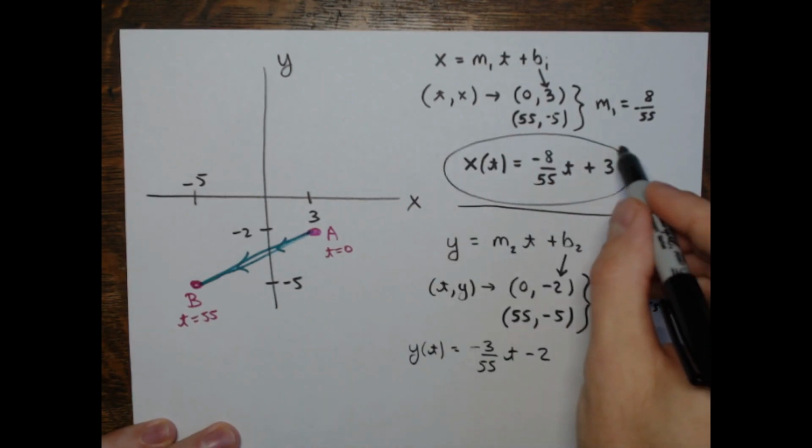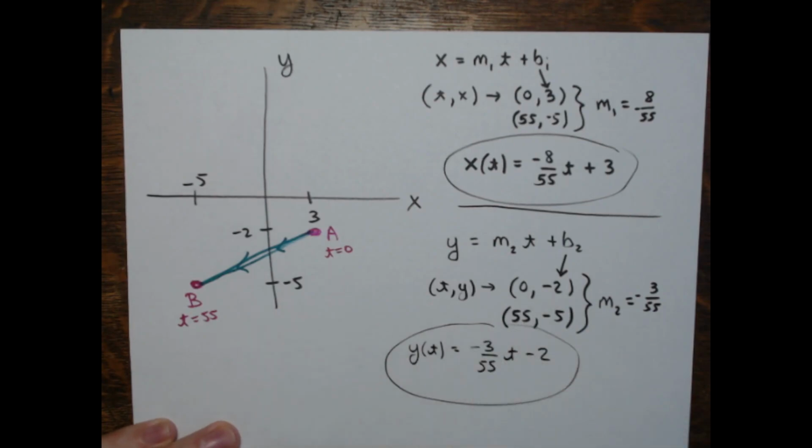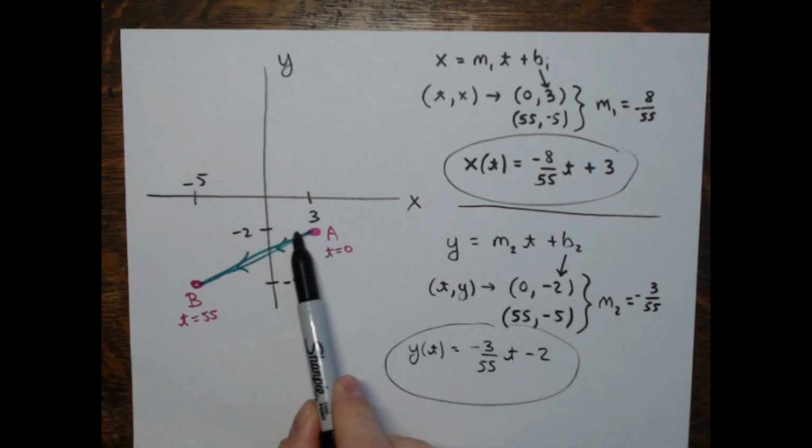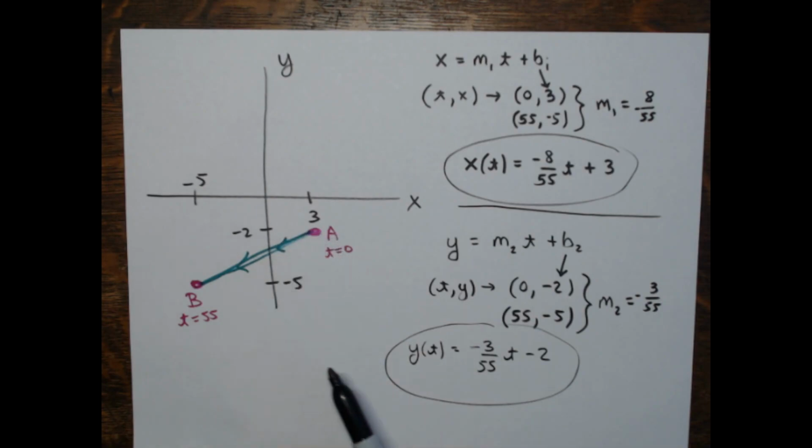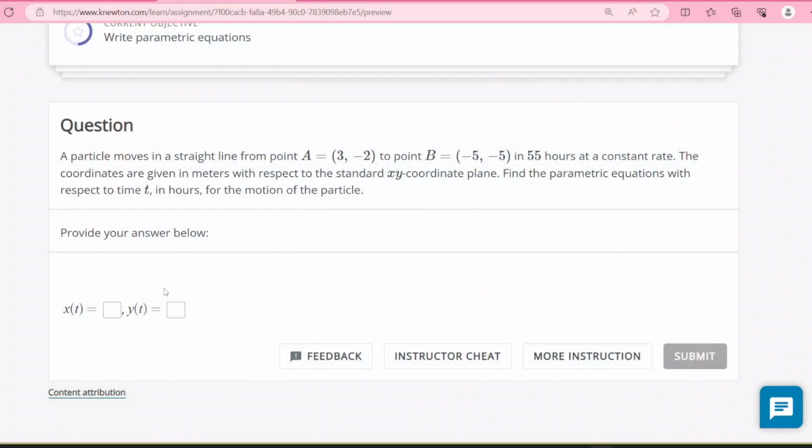So there's the x, there's the y, and double check: when t equals 0, you're at a y coordinate of -2, that's the y coordinate of A. And when t equals 55, the 55s would cancel, you'd be at -5 for y. So these work out for this linear motion at a constant rate.